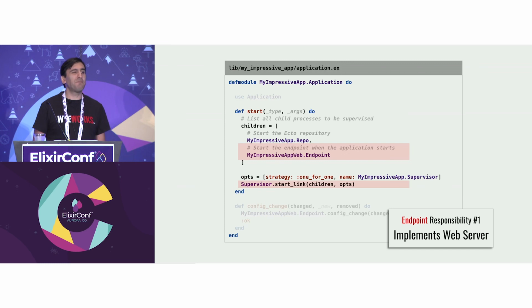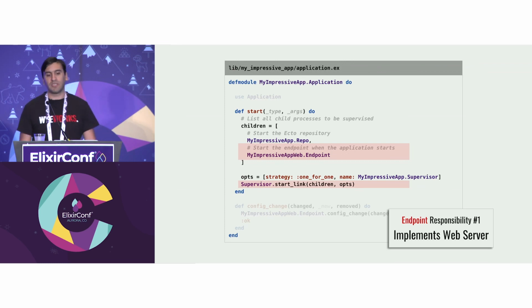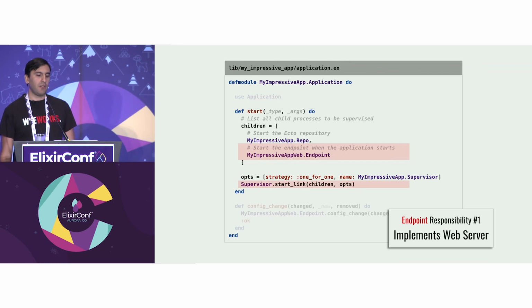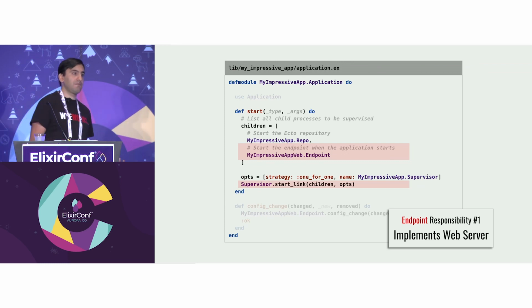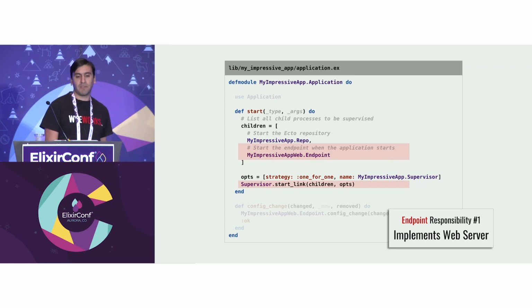I mean, it implements the proper web server part, the part that manages the network requests. Of course, most of this complexity is provided by the framework, and the only part that we need to have in our code is to make sure that the endpoint module is one of the children of the main supervisor process of your application.